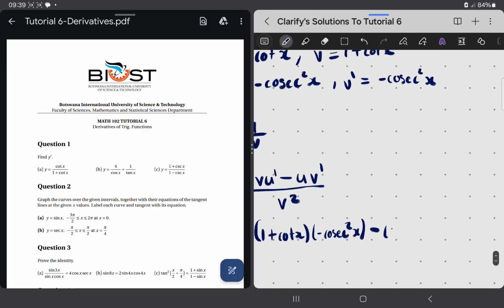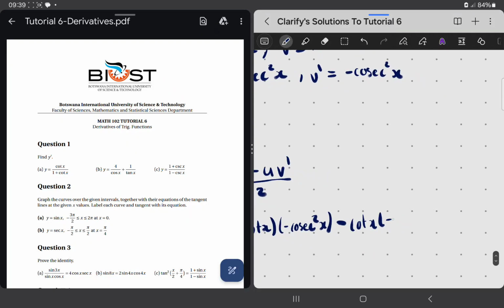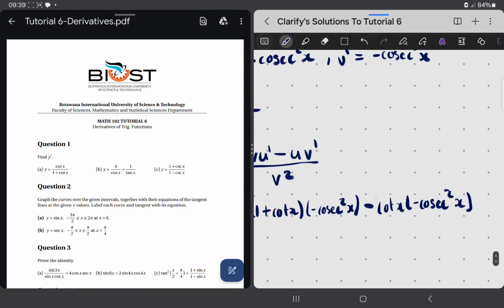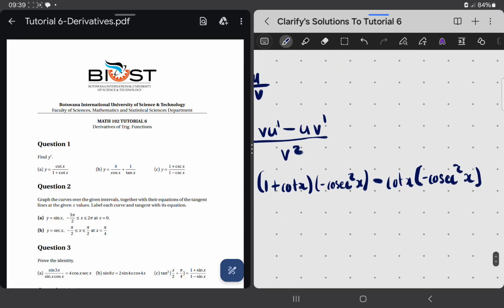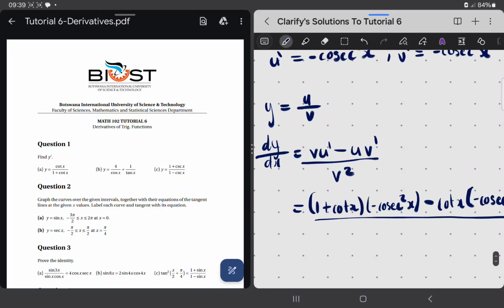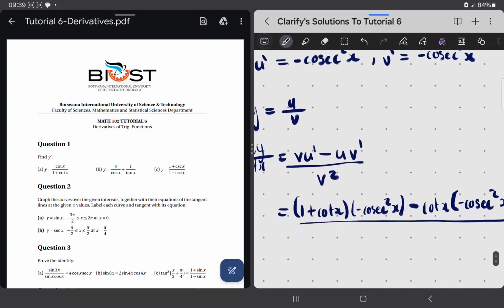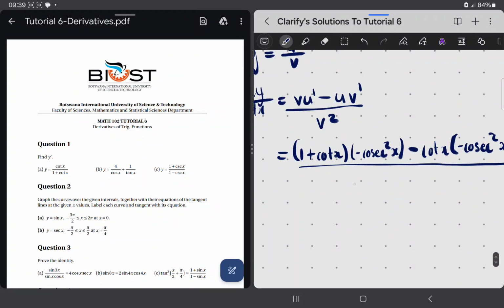My u, which is cot x, multiplying v prime, which is the derivative of the bottom, which is again negative cosec squared x. So it's low d high minus high d low, all over square the bottom, which is you square the v. What is v? 1 plus cot x. So it'll be 1 plus cot x all squared.